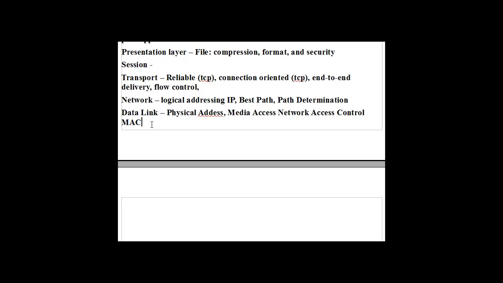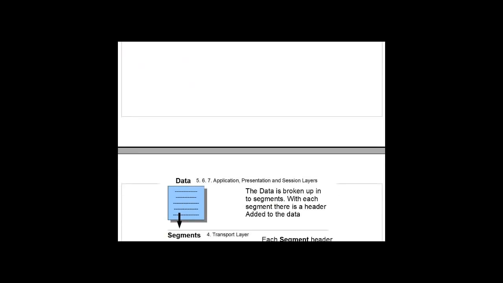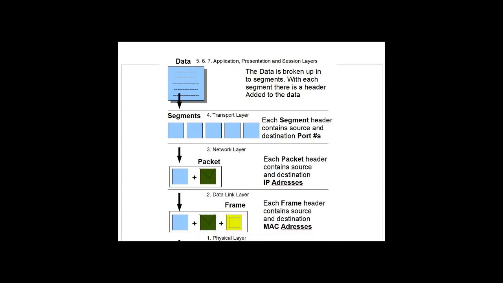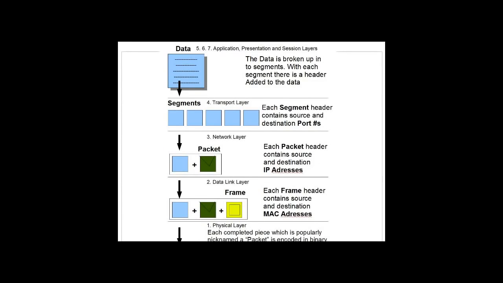This is the layer of frames. If you hear the word frame, you know you're talking about the data link layer. Now, if you're talking about the physical layer, the bottom layer, the words bits, media, medium, all identify the physical layer. Let's take a look at this graph, and we'll talk about this graph in the next movie.